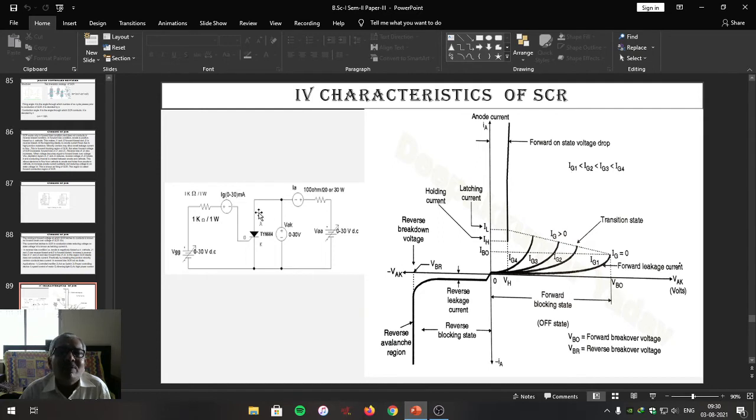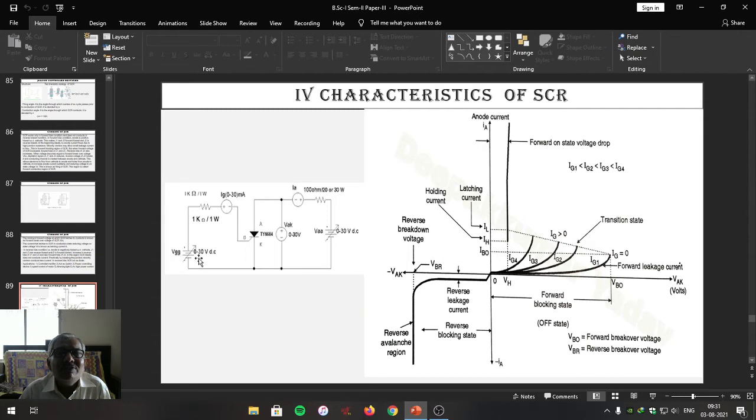Thus we have, for IG equal to 0, a set of readings of anode to cathode voltage and anode current, which is the first set of the IV characteristics to be plotted in forward bias condition.